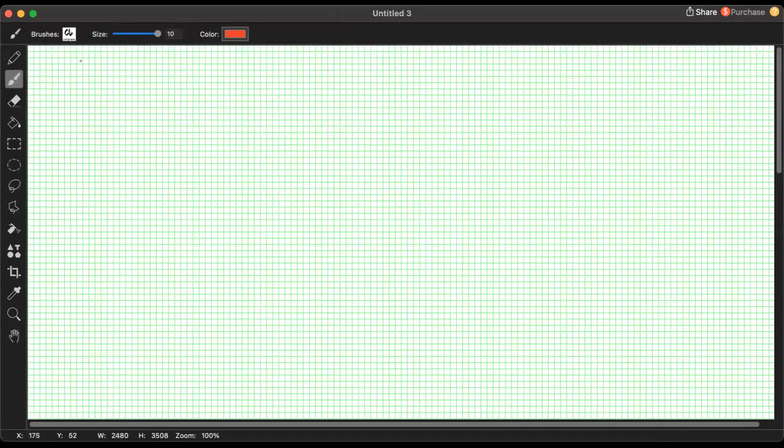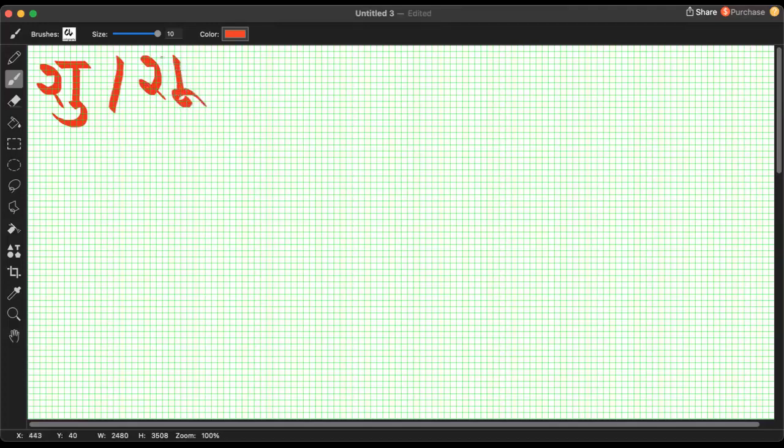Next, we have shu. This is Devanagari shu. And shu.